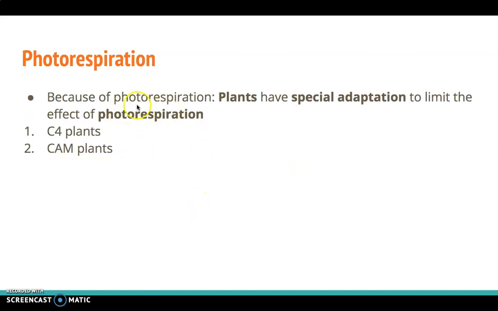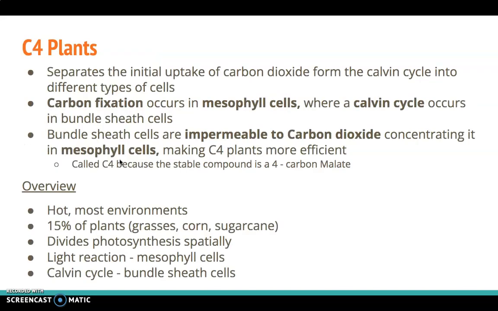So again, because of photorespiration, plants have special adaptations to limit its effect. We have C4 plants and CAM plants. C4 plants separate the initial uptake of carbon dioxide from the Calvin cycle into different types of cells.